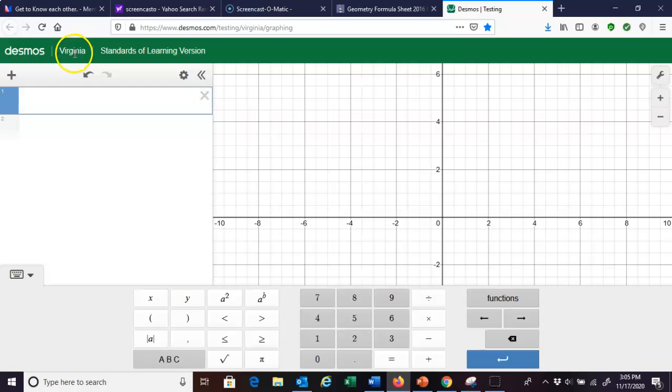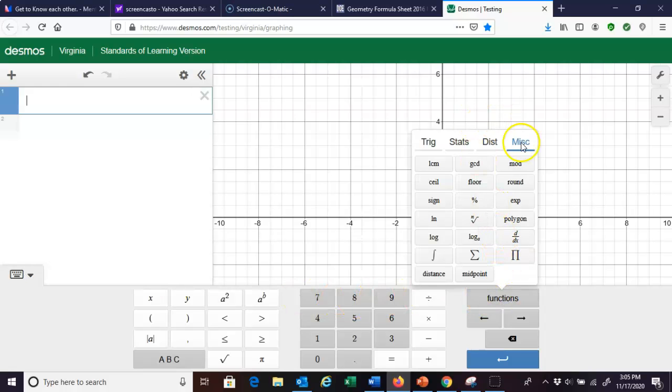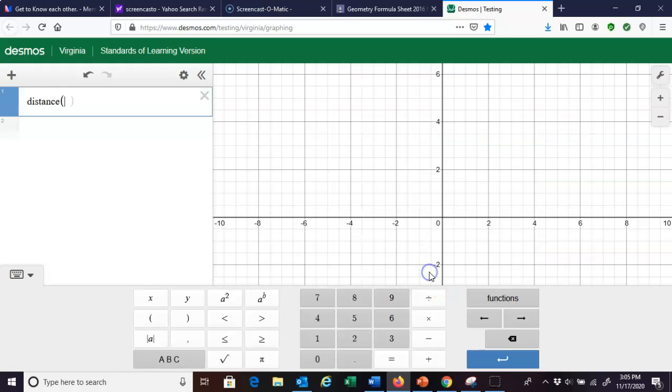Make sure you're using the Virginia version. When you click into this bar, you're going to open the calculator keypad at the bottom and go to Functions, and go to MISC for miscellaneous. And then down here you have distance. So there is a function on the calculator that will let you find the distance between 2 points. We're just going to plug these points in with a comma in between them.